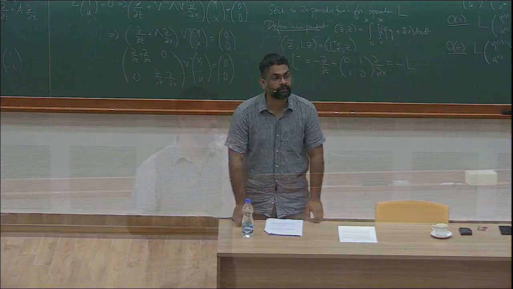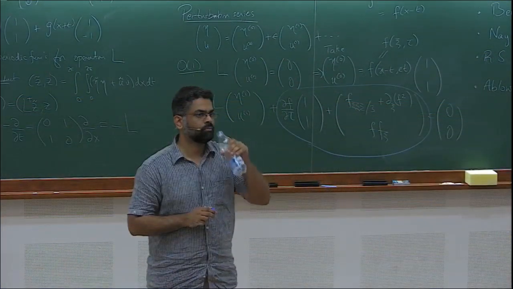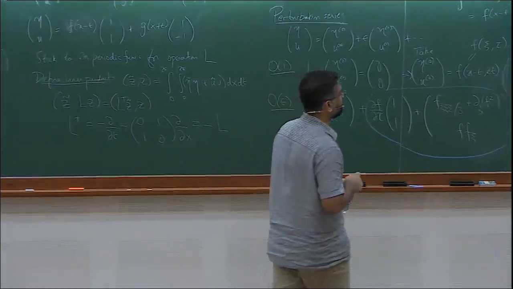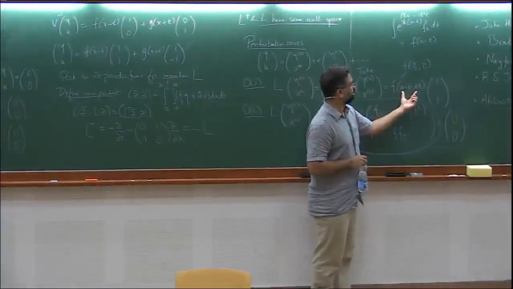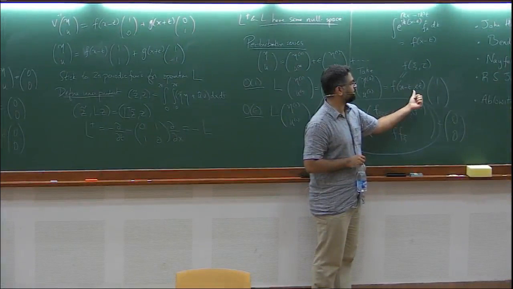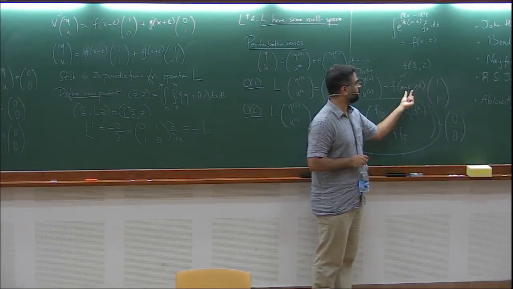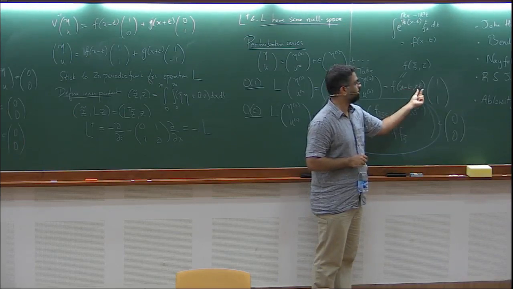Any other questions? Just think of this as there's an original function that's a function of x minus t and epsilon t, and I've defined a coordinate change. I'm calling this xi, and I'm calling that tau.